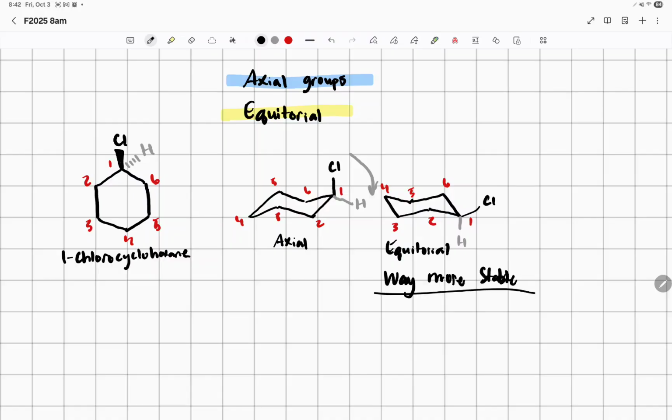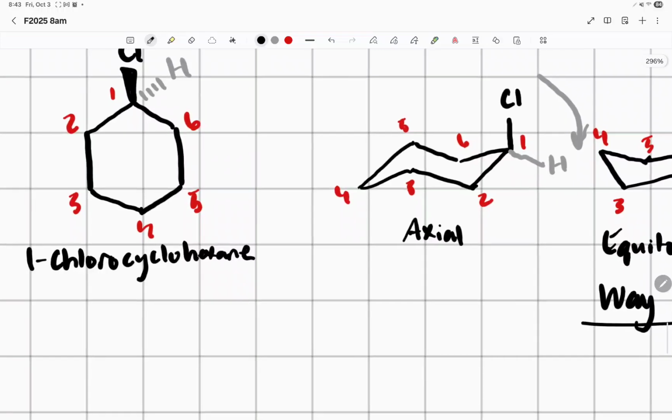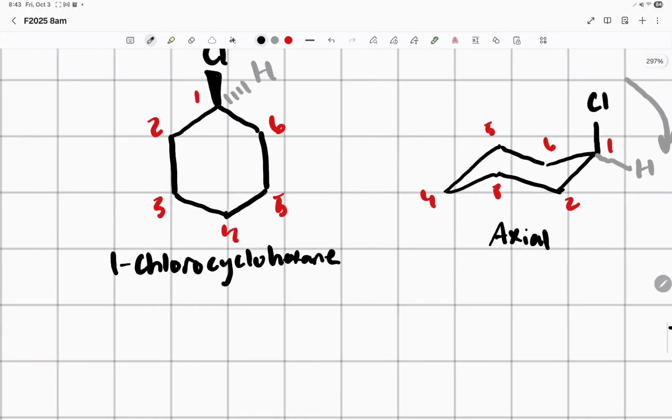So we want our groups to be equatorial. We want our groups to be away from each other. So to see that, let's look at a modification of this. Let's say that we added 3 more chlorines.